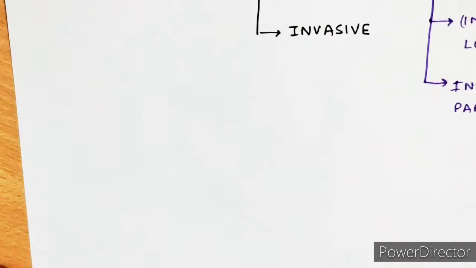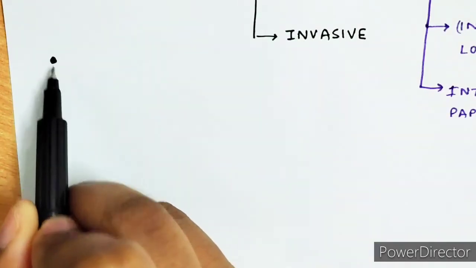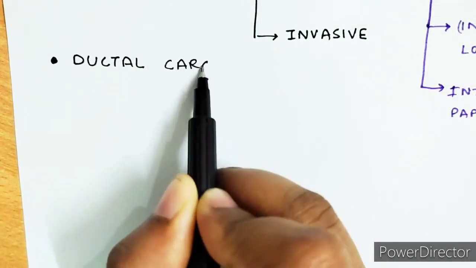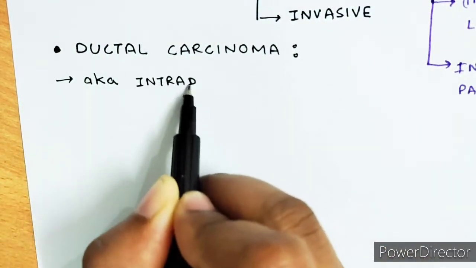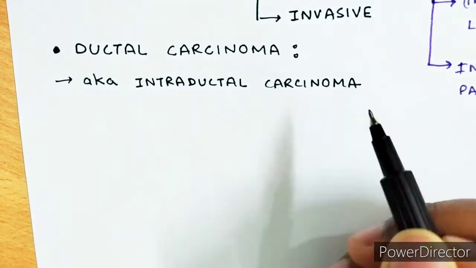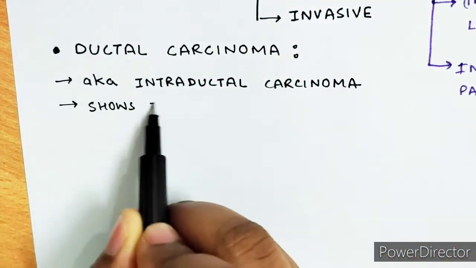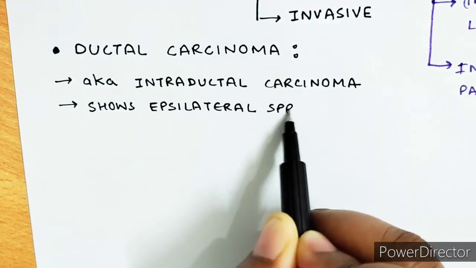First of all, we will discuss the ductal carcinoma. Ductal carcinoma, also known as intraductal carcinoma, shows ipsilateral spread.